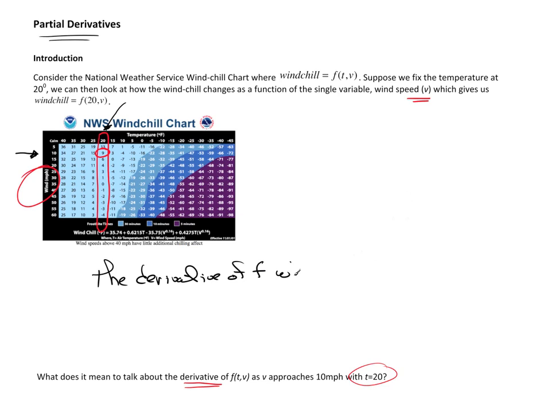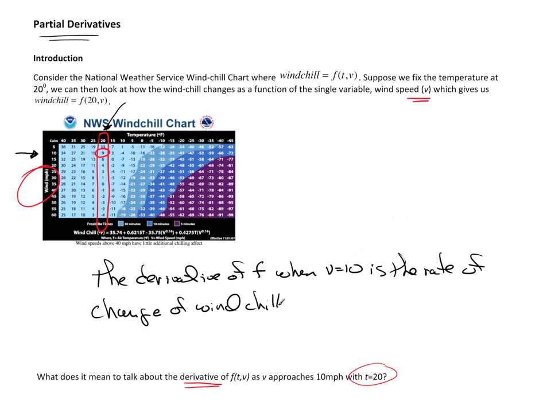Now, if we could simply take the derivative as such, then the derivative of f, specifically when v equals 10, is the rate of change of wind chill with respect to wind speed.